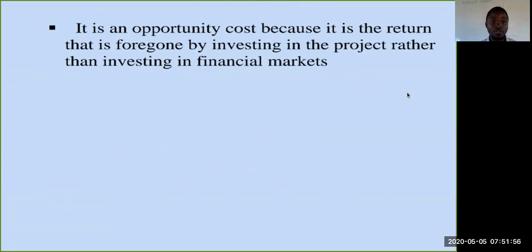So we see here that this person wanted to build an office block. And instead of deciding to invest in financial markets, he decided to build the office block. And the opportunity cost at the end of the day was the financial markets.